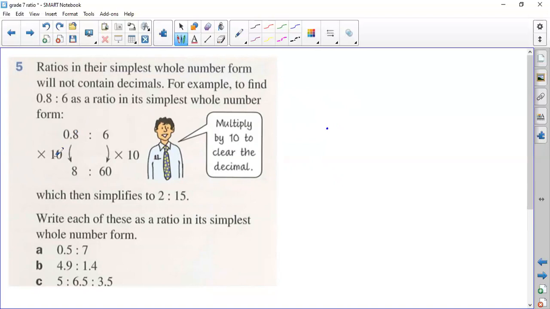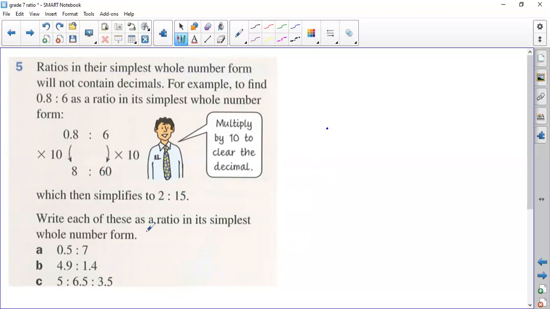So 0.8 times 10 will be 8. If we enlarge one of these numbers, of course, we have to enlarge the second one too. So 6 times 10 will be 60. So we have to keep the same ratio, the equivalence between them. So the ratio is 8 to 60. And this one, if we simplify with 4, will be 2 to 15.